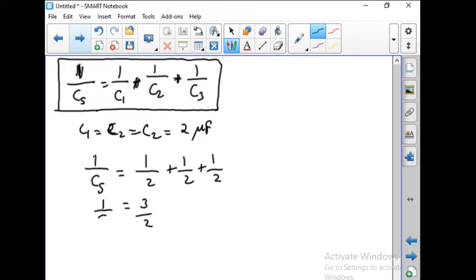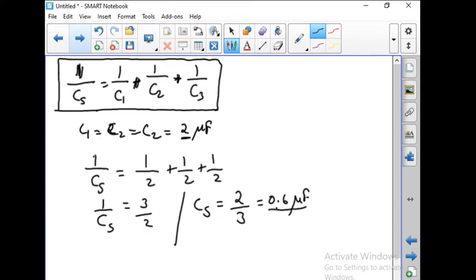This is the value of 1 by Cs, but we have to calculate Cs. Cs is equal to 2 by 3, which is 0.66 microfarad. So you see, the equivalent capacitance value is always lesser than the individual capacitance value.